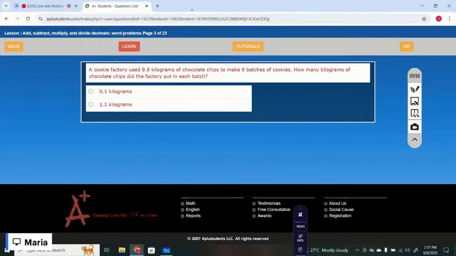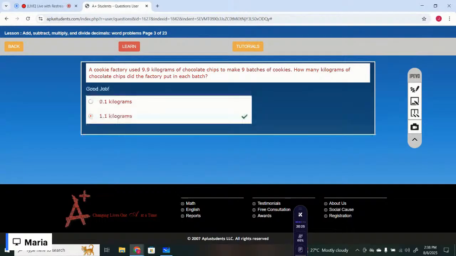So you have to divide it by 9. That is 1.1 kilogram. Option number 2 is the correct option.